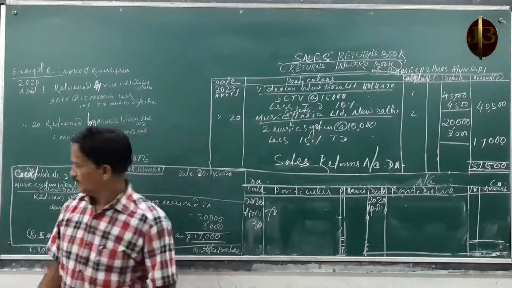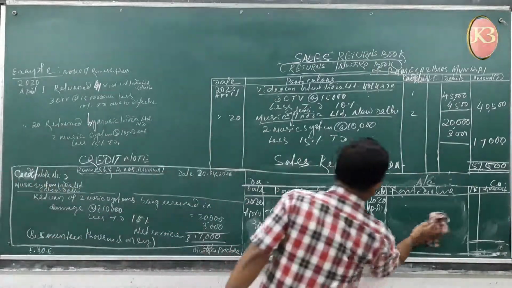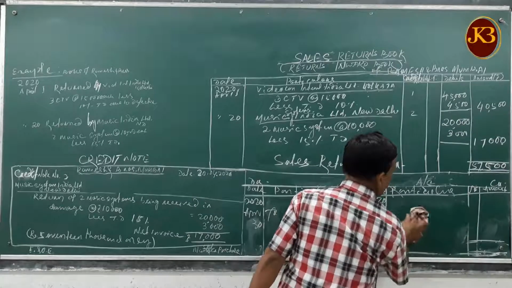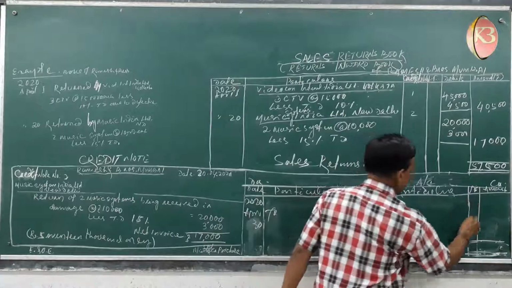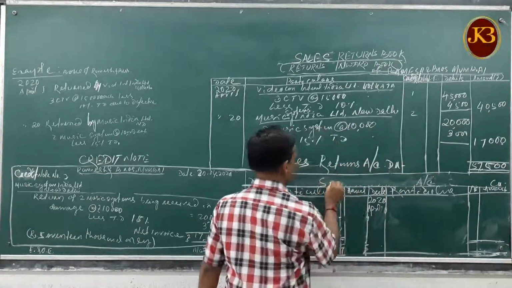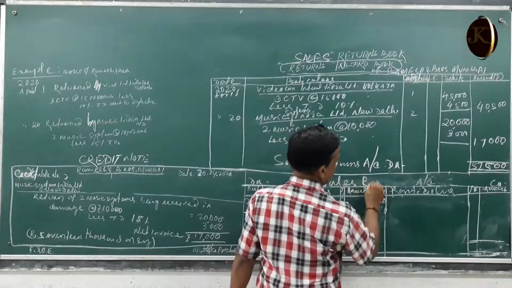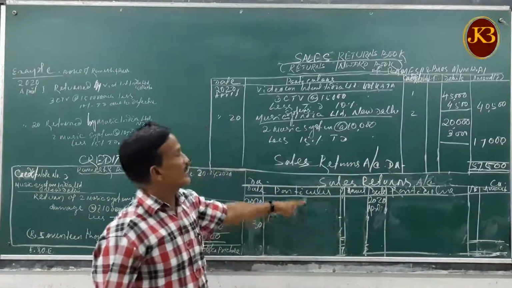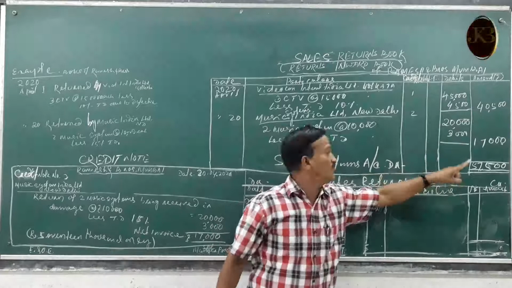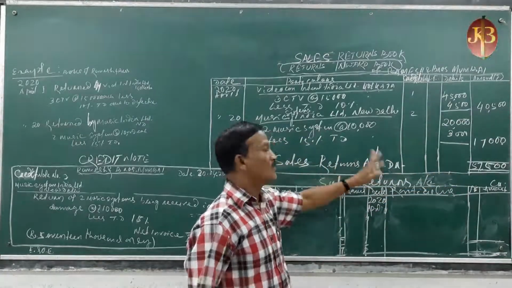Let's see how it is to be prepared. This is the sales return account. The total is coming to 57,500, so the sales return account is debited.